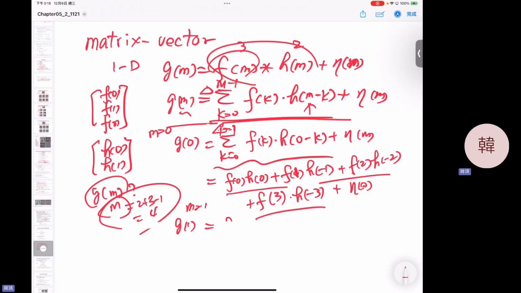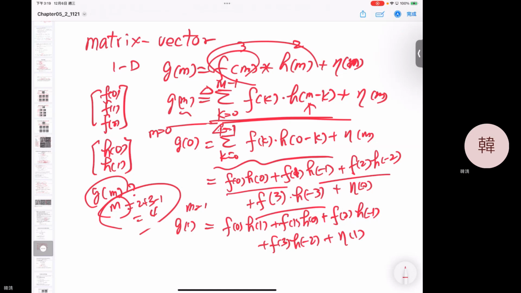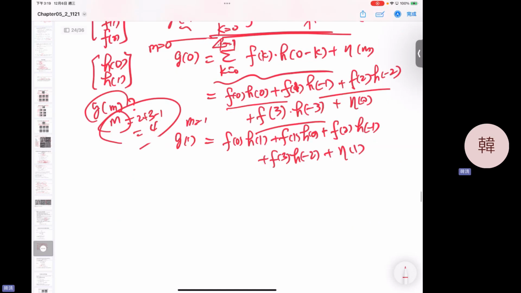So the result, if you write it out, is F0 H1 plus F1 H0 plus F2 H minus 1 plus F3 H minus 2 plus eta 1. Blah, blah, blah. So you can write G2 and G3 by yourself.